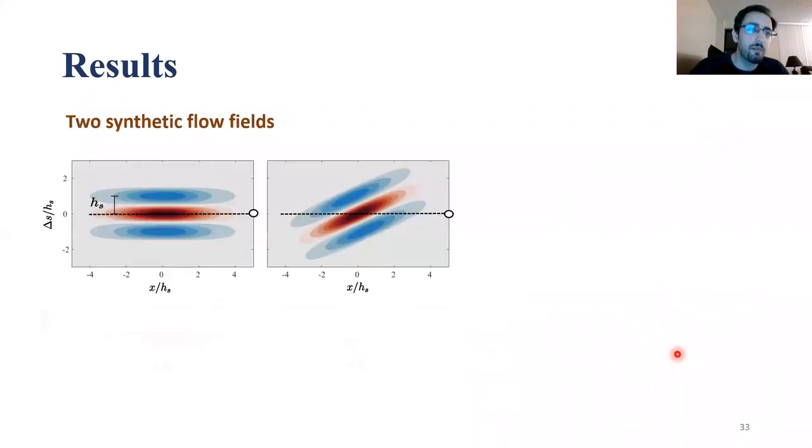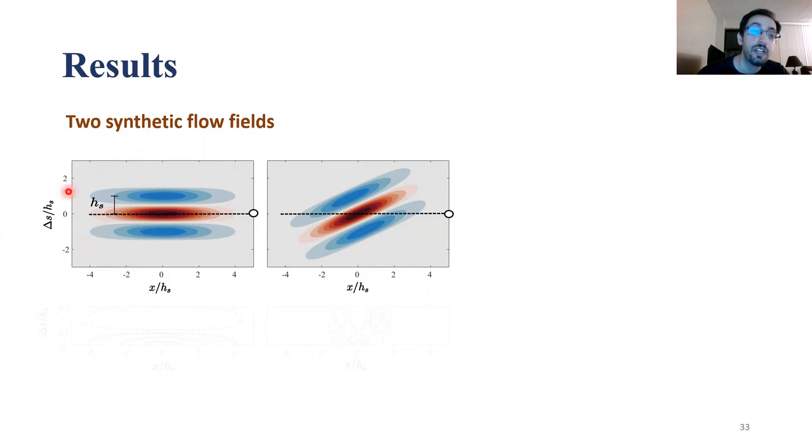To test this hypothesis, we created two synthetic flow fields. These synthetic flow fields are created in the streamwise-spanwise planes, and these structures are meant to simulate the VLSMs, the very large scale motions in the jets, and contain a high speed region flanked by two low speed regions.